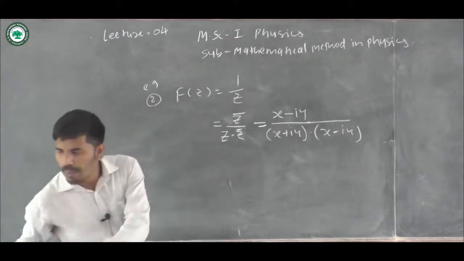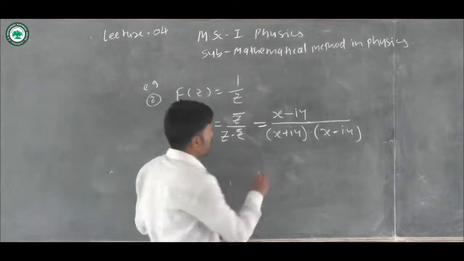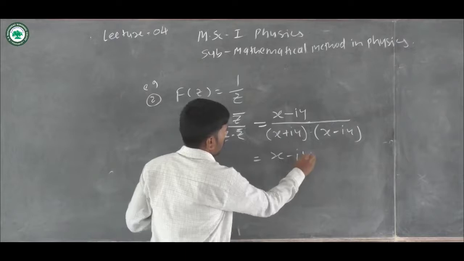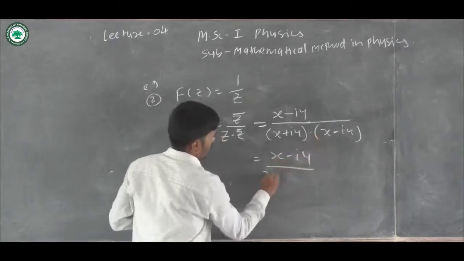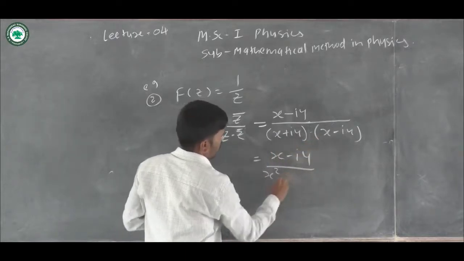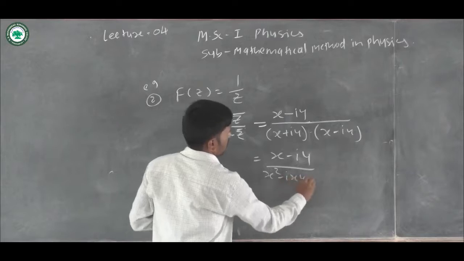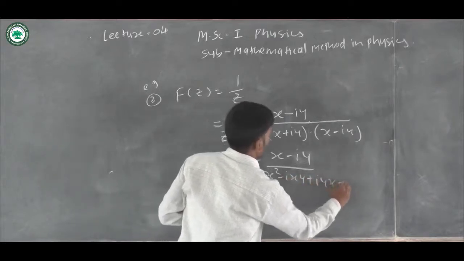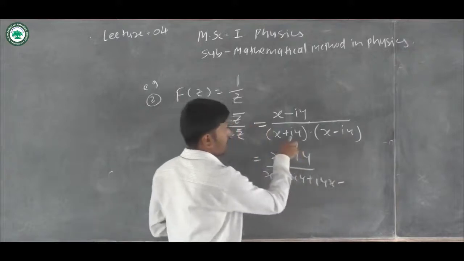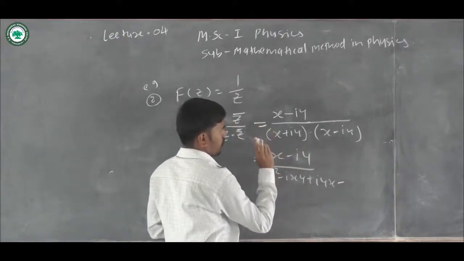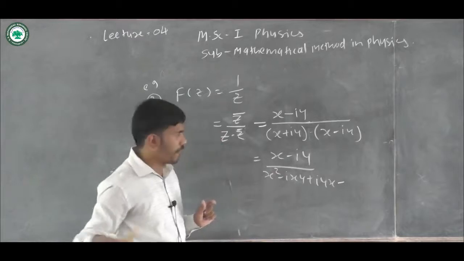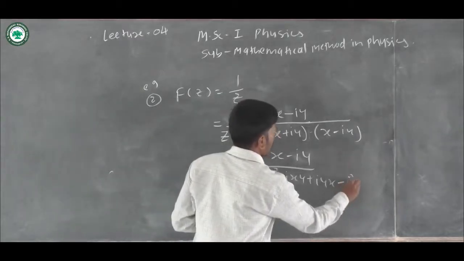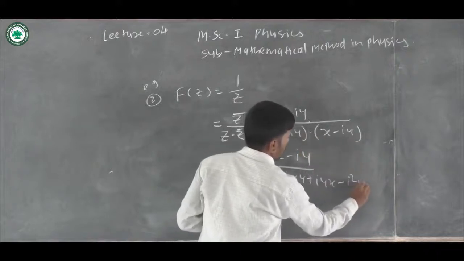Let's say I prove this again: x square, minus iota xy plus iota yx, minus iota into iota, that is i square, and i square is equal to minus 1, into y into y, that is y square.